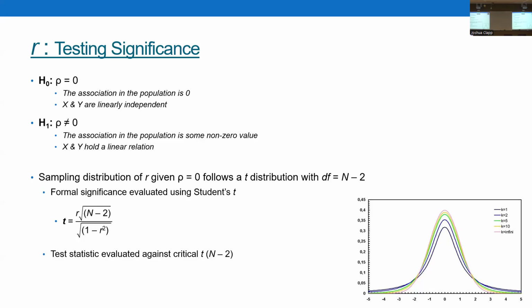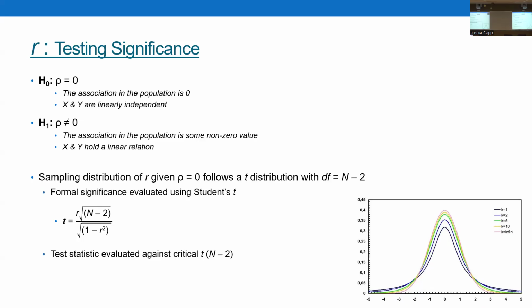And that distribution is going to follow the distribution of a t statistic with n-2, 48 degrees of freedom, if 50 is my sample size. Which makes this really nice because what I can then do is get a p-value for my correlation by getting a t-value and then getting the p-value for that t statistic.